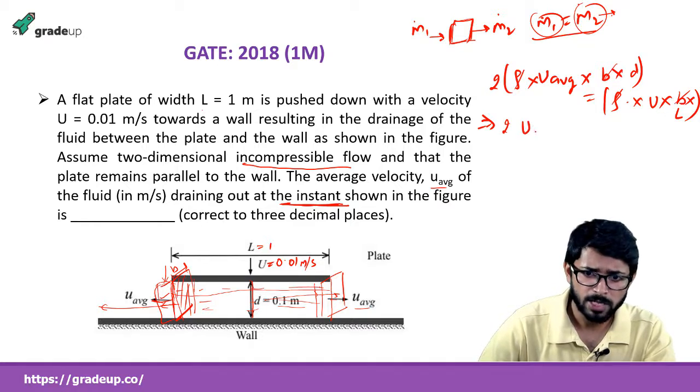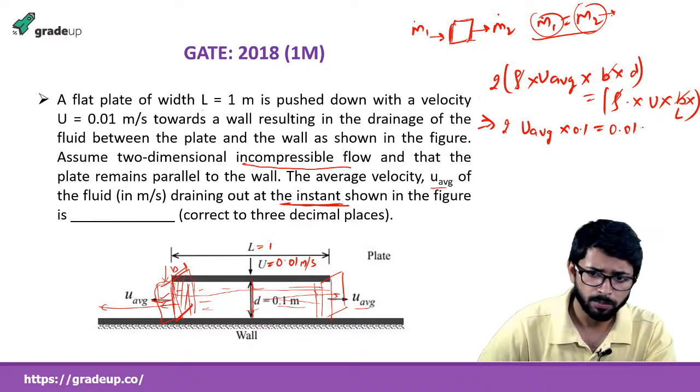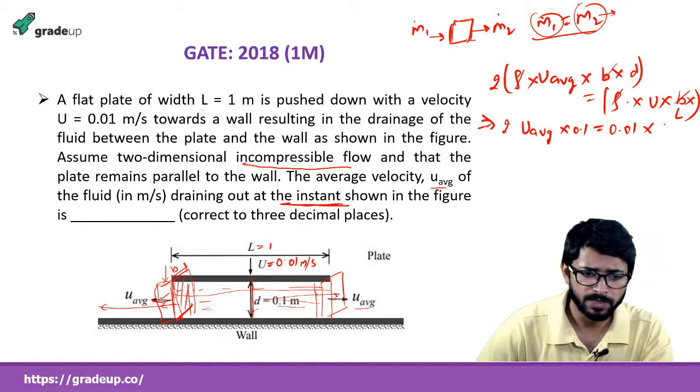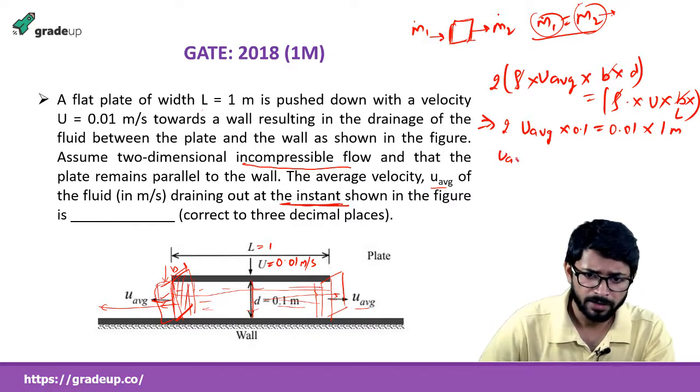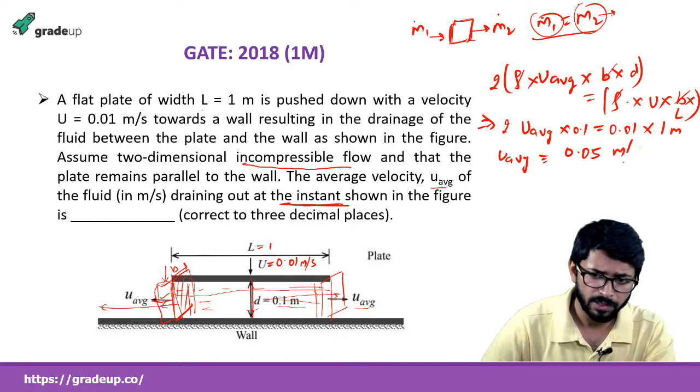We will have 2 u average into d equals u into L. d is given as 0.1 meter, u is 0.01 meter per second, and L, the length of the top plate, is 1 meter. So the average velocity comes out to be 0.05 meter per second.